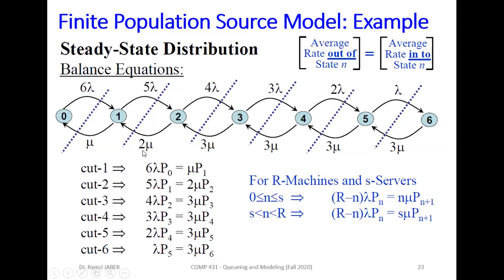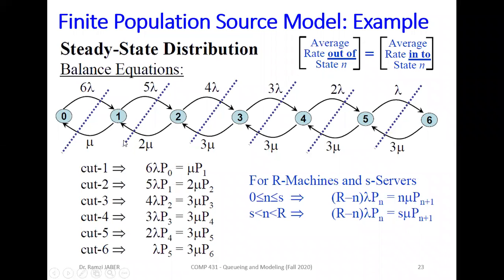So for the balance equation, cut 1, this region, will be 6 lambda P0 equals mu P1.